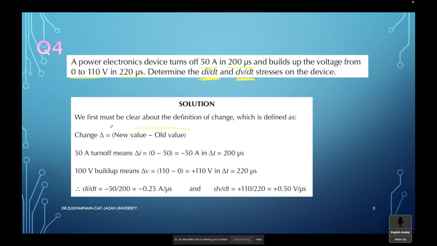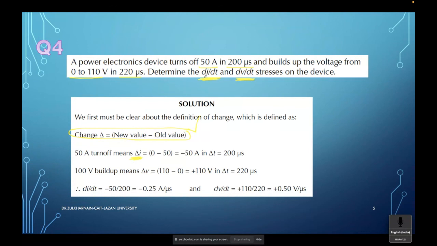So remember the rule: change means new value minus old value. He's asking for di by dt, the change in current, and the change in voltage. So first of all, find the change in current.